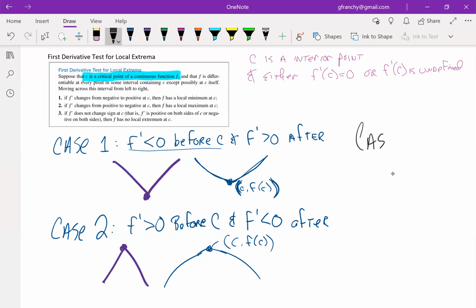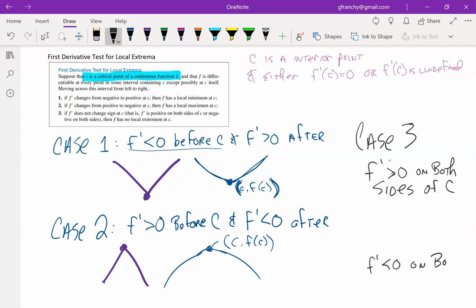Our third case here is that the derivative is positive on both sides of C, or the derivative is negative on both sides of C. And once you see one case, it's going to apply the same for both.